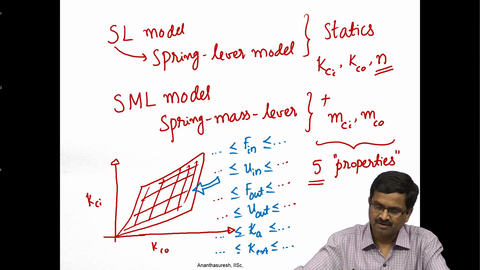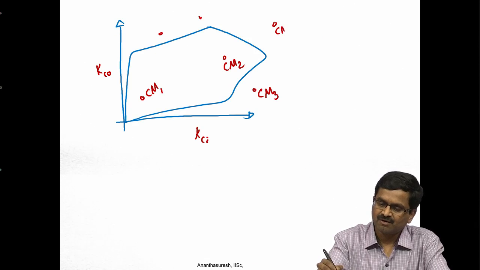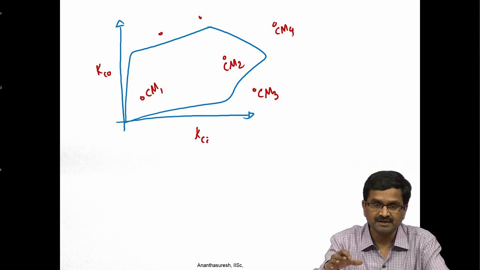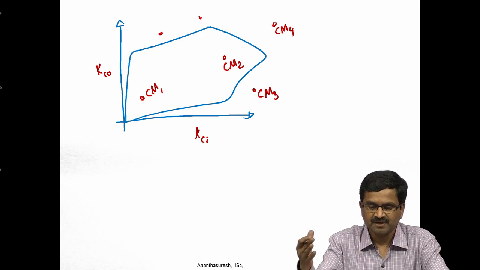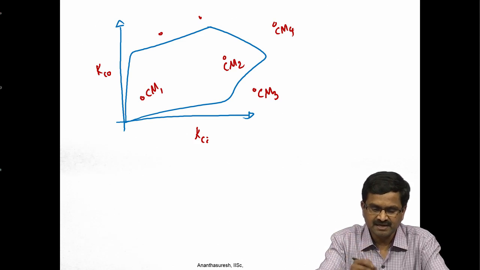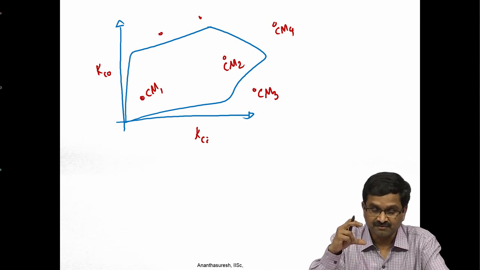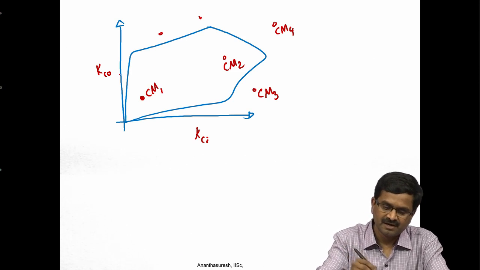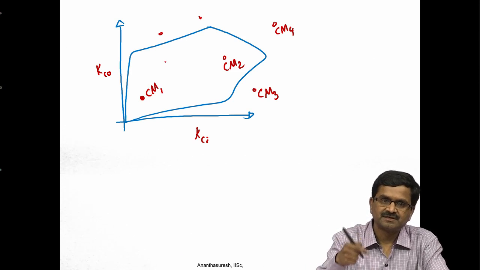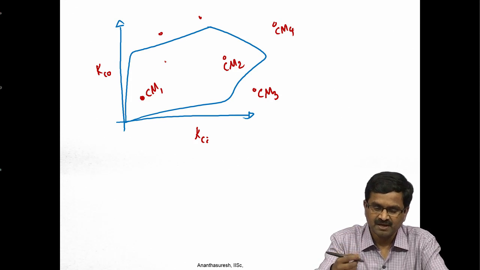Once we have that, using a database of compliant mechanisms, we can get all of these compliant mechanisms plotted here and then see how many of them lie inside, how many of them lie outside. If any of them are lying inside and the corresponding n value also satisfies, or rather is within the range, because once we have a feasibility map, KCI, KCO here, every point will have a certain range of n values that is continuous, as we have discussed.